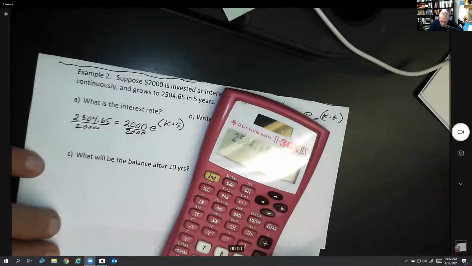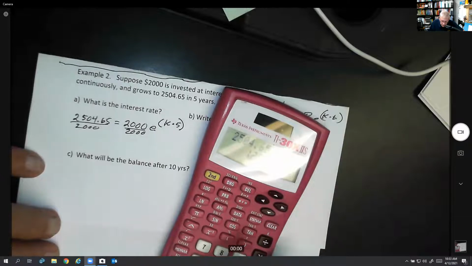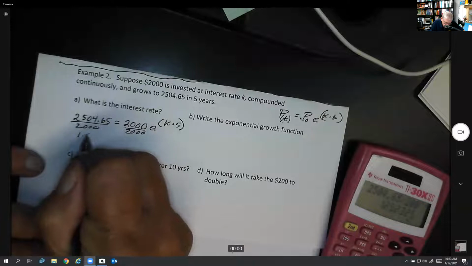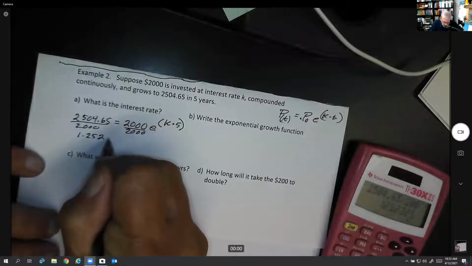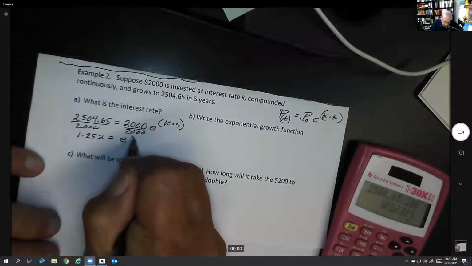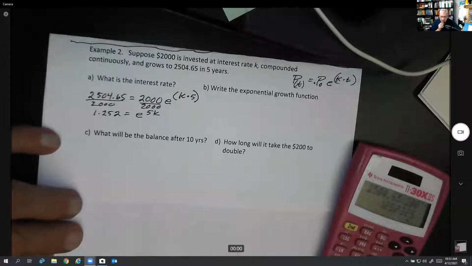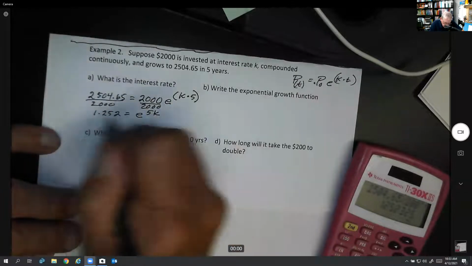2,500 divided by 2,000 is 1.25. And that's equal to e to the 5k. Then what do you think? Take the natural log of both sides.